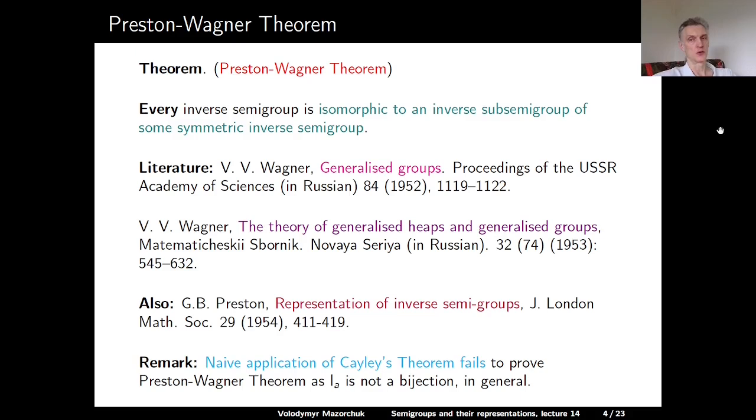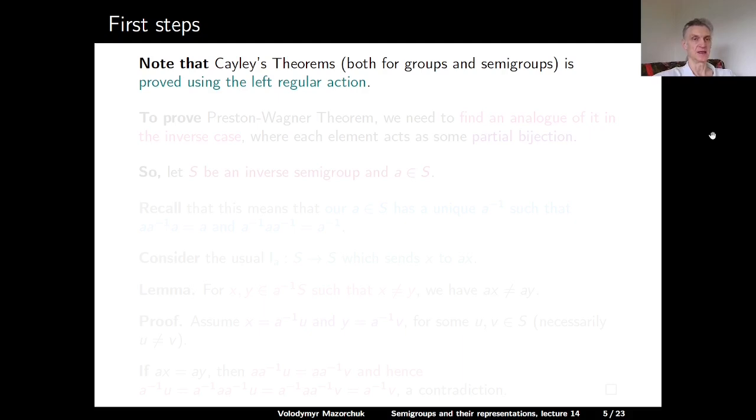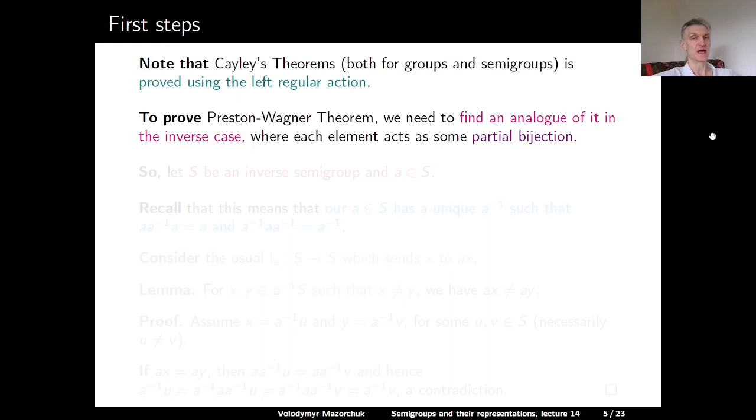So it will not go to the symmetric inverse semigroup on S. So in order to prove our theorem, we need to adjust or adapt the proof of Cayley's theorem. So we need to find some analog of the left multiplication operator for inverse semigroups, but we need to formulate it in some more clever way.